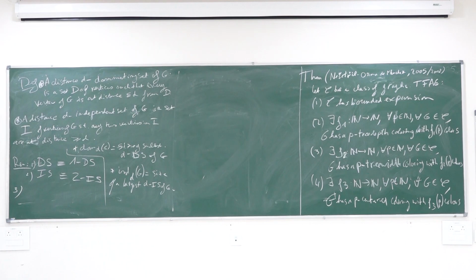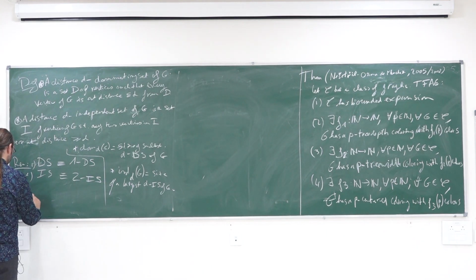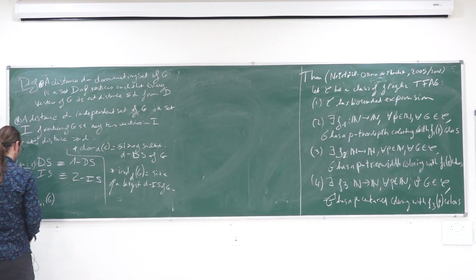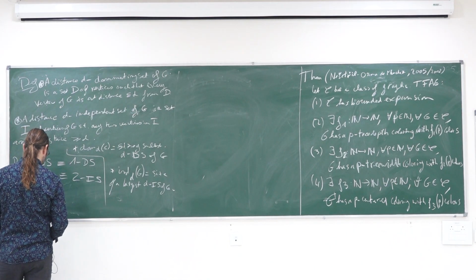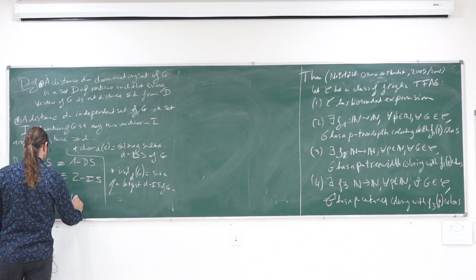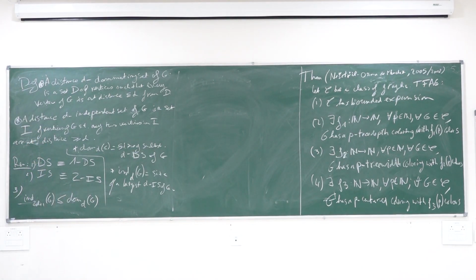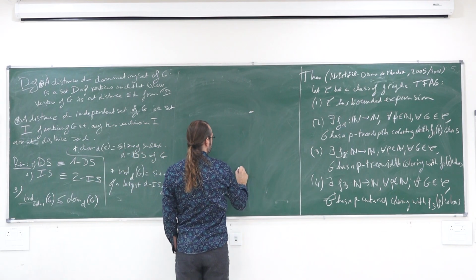So observe the following. Suppose you have an independent set at distance, let's say, 2d plus 1, so everybody has distance at least 2d plus 1. This is my independent set.